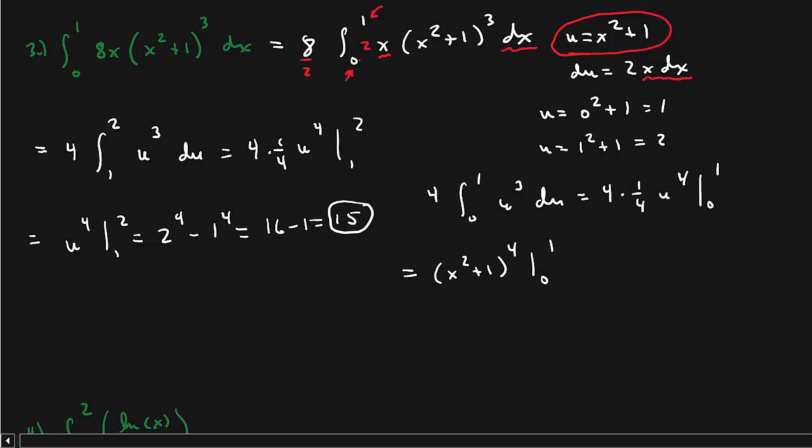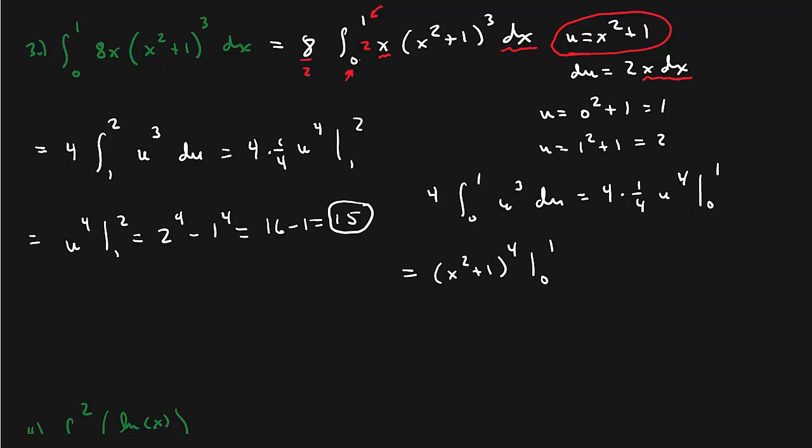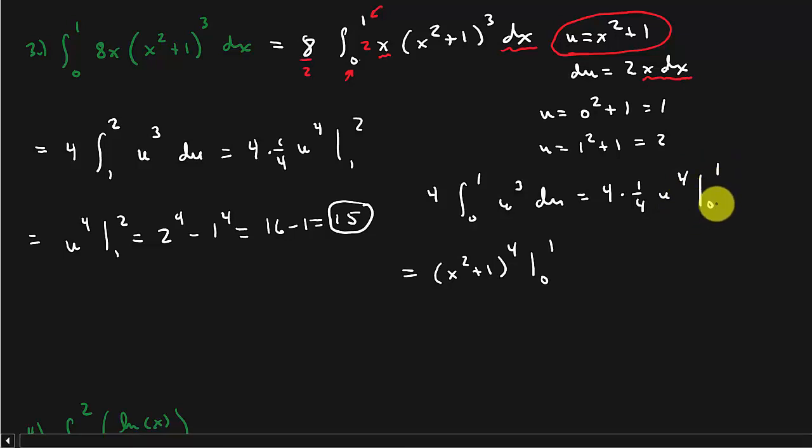And what I've got to do, if I leave my bounds on my integral as 0 and 1, the x values, I've got to put this x squared plus 1 back in for u. So you don't have to change them, but remember, if you don't, you have to get it back in terms of x.